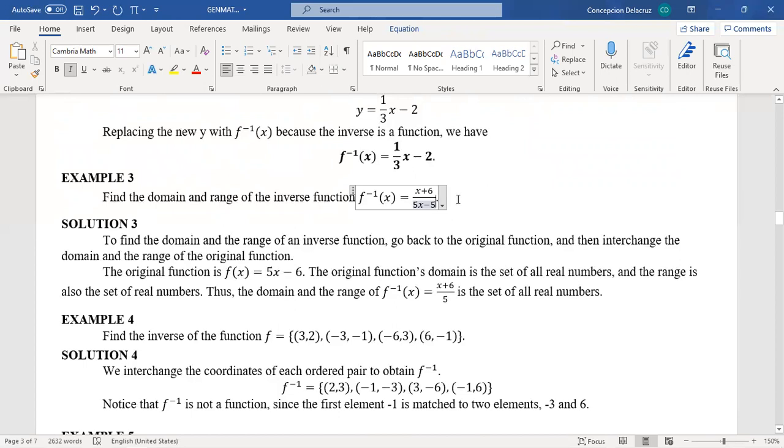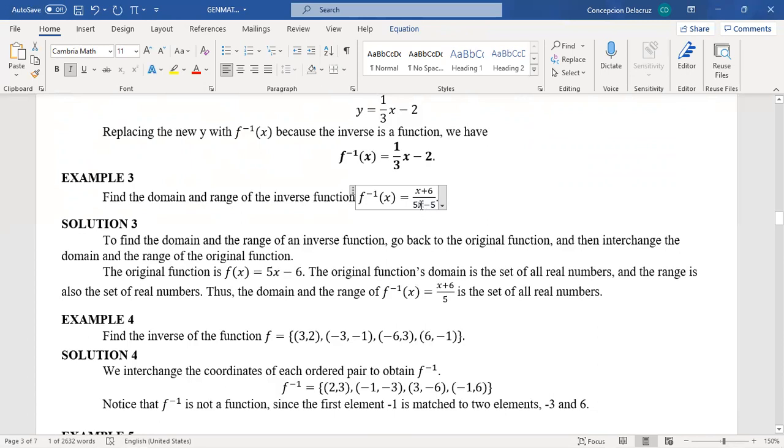This must not be equal to 0. So x should not be equal to 1 here.